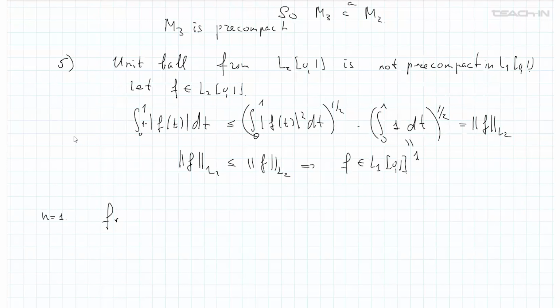We construct the function f_11. It's the characteristic function of [0, 1/2) minus the characteristic function of [1/2, 1]. By graphics, it is 1 here and minus 1 here, but here open, for example.